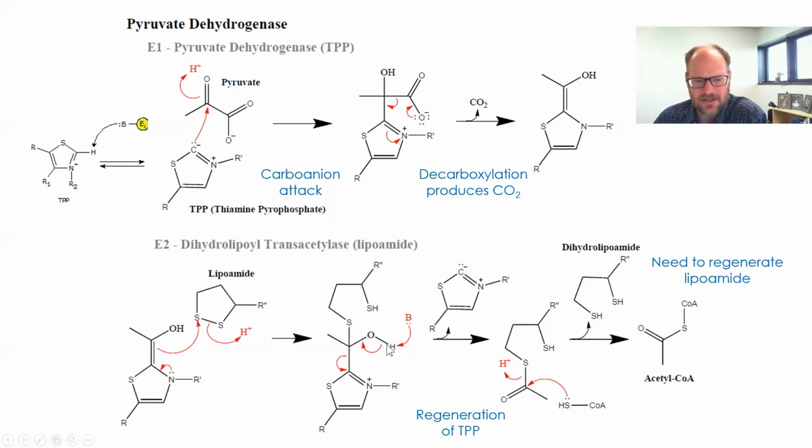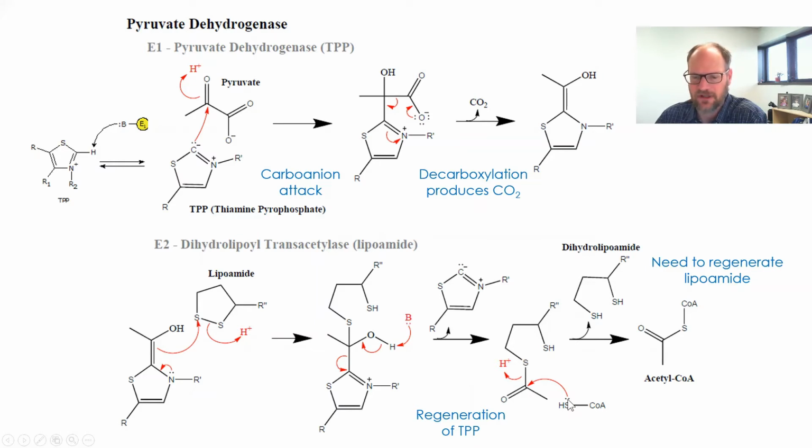Now, a base abstracts a hydroxyl off of this hanging oxygen here, forms a double bond, again allowing the stabilization, or the resonance here allows this reaction to proceed. This guy leaves the active site, and then you end up with your acyl unit attached to your lipoamide.